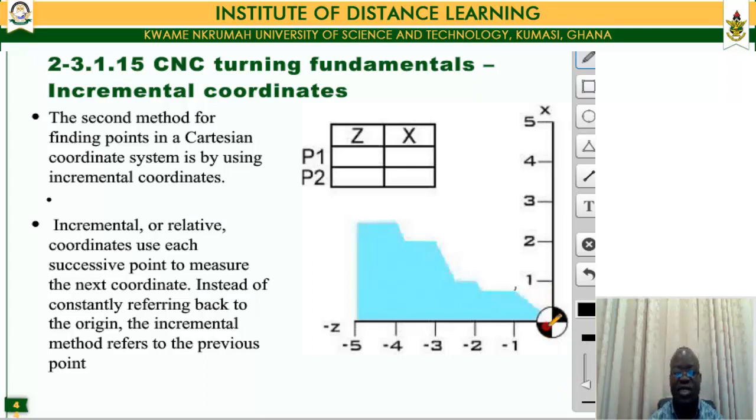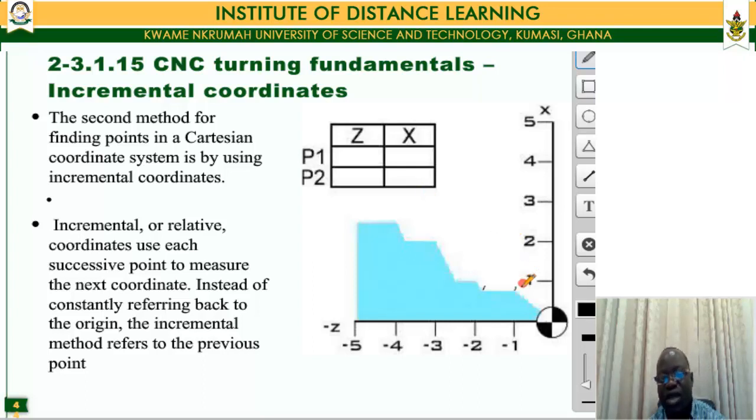Now if we are using an incremental coordinate system, then our next coordinate is going to be the same y, which is 0, the same x, which is 0.5. Then we'll have a z, which is minus 2. Okay, so we can build up an incremental coordinate system.